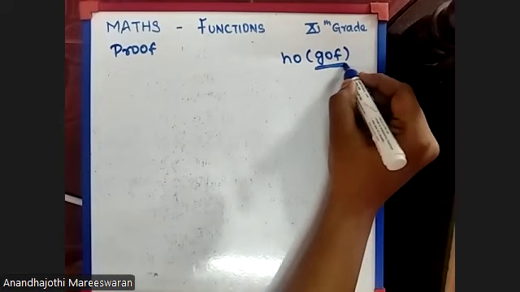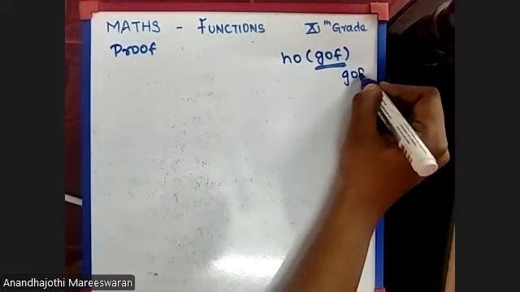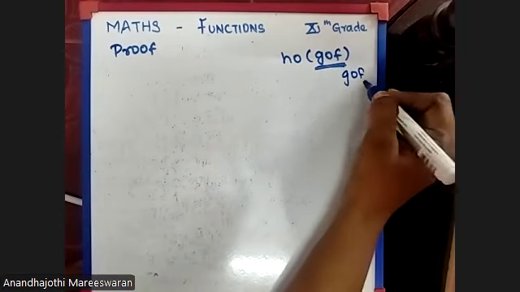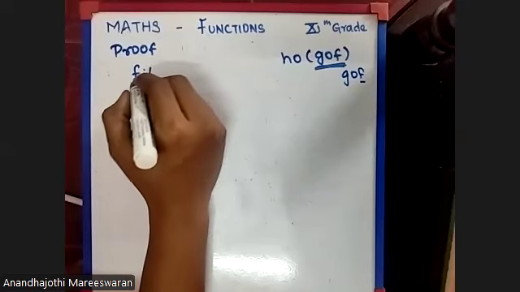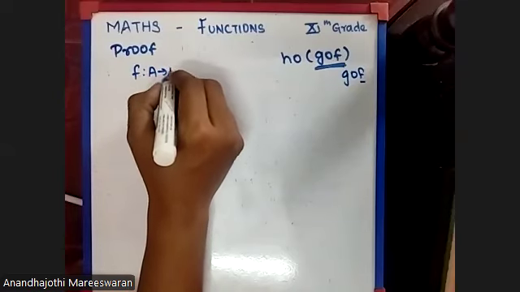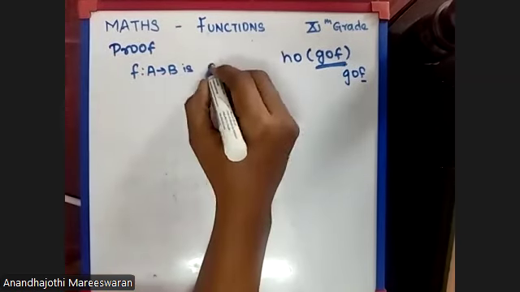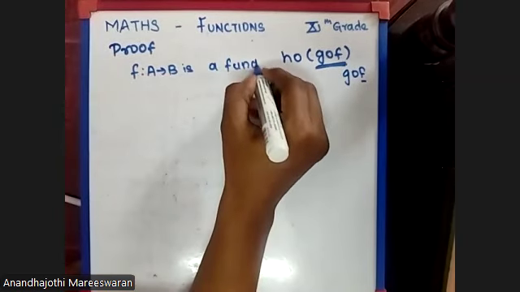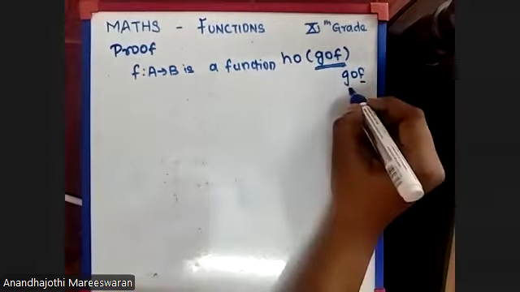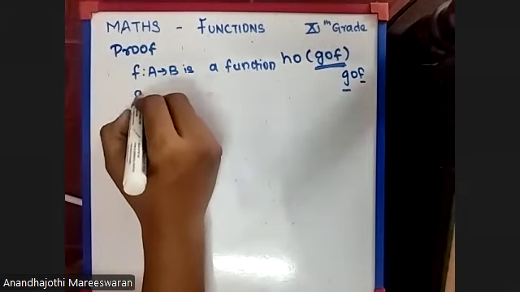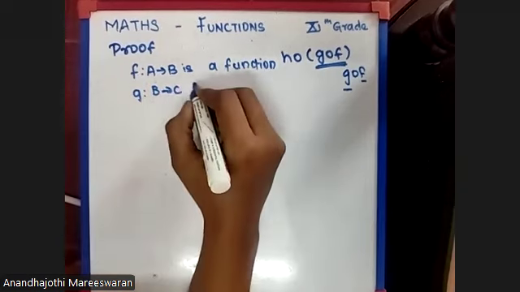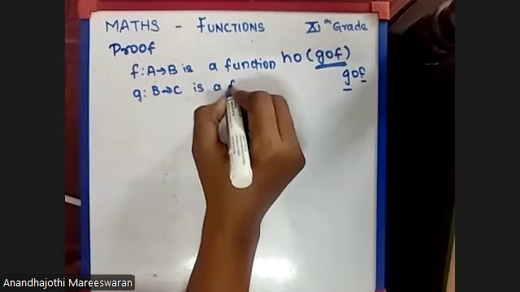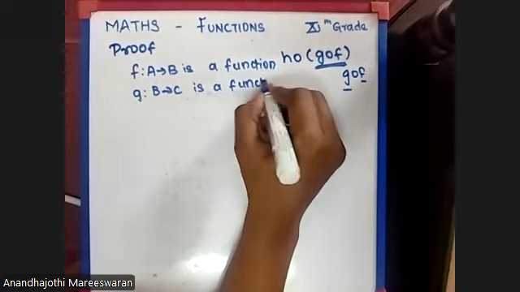So now we are going to take the domain for G circle F. Who is at this right hand side? F. So F is a function. F maps A to B as a function, right? Right. Who is remaining? G. Okay, G maps B to C as a function, right?